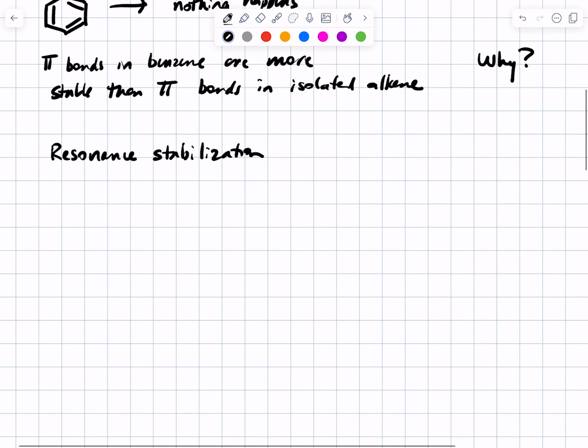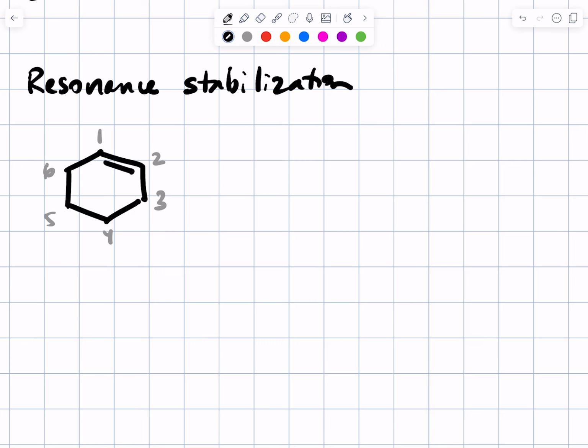So if you look at benzene structure, and if we were to number the atoms 1, 2, 3, 4, 5, and 6, we can draw a structure of benzene in which the pi bonds are between atoms 1 and 2, 3 and 4, 5 and 6, or we can draw a structure in which the pi bonds are between 2 and 3, 4 and 5, and 6 and 1.